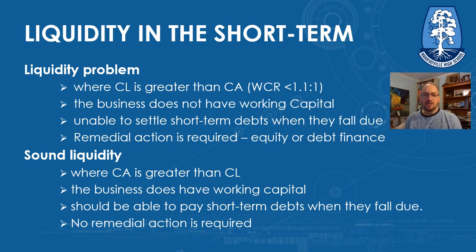That's considered that you will have a liquidity problem. We can't count on all our debtors coming in within the next 30 days when we owe our creditors. So this is an accounting definition. A working capital ratio less than 1.1 is to 1 is considered having a liquidity problem. This is where we would say remedial action is required.